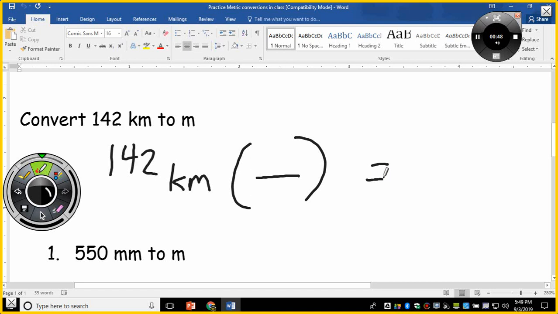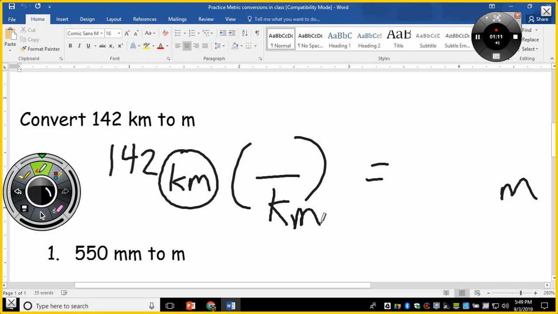I'm going to be changing all the way out to meters. So I'm going to build my TIE fighter now. My first unit I started out with was kilometers here, so I want to put kilometers on the bottom of the TIE fighter. Whatever I started with, I'm going to have there.